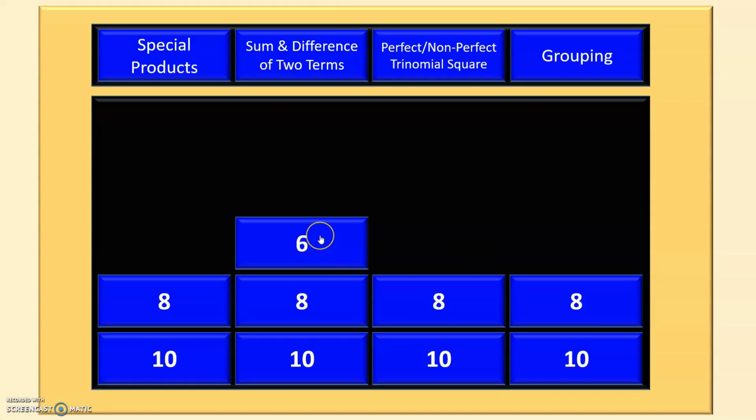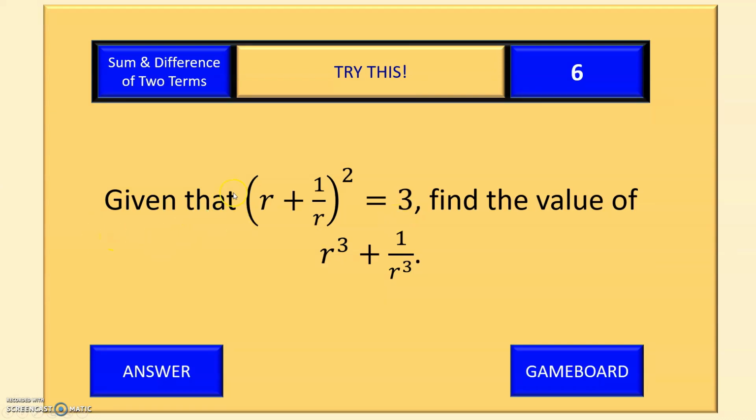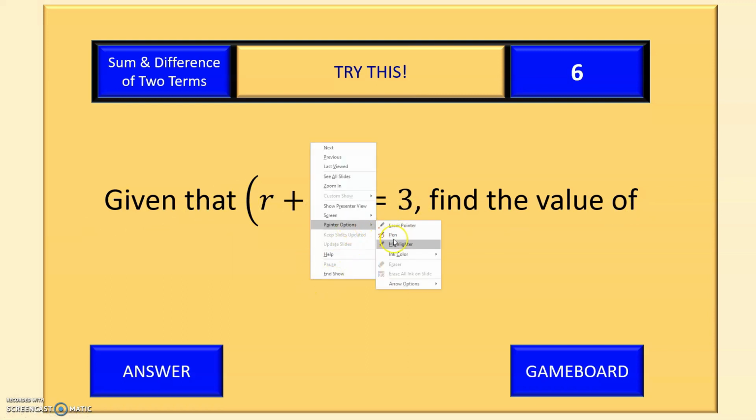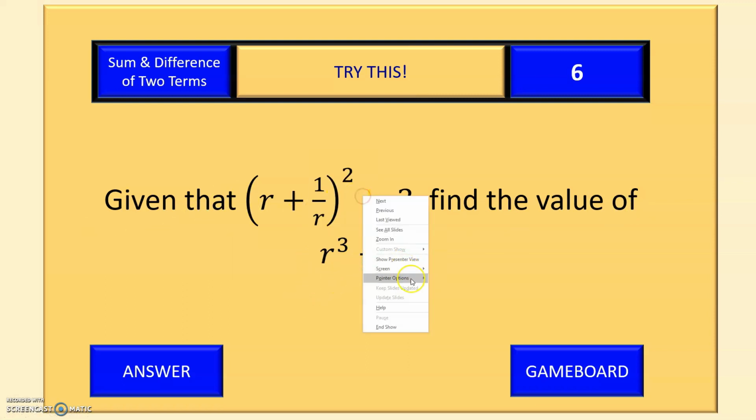Okay, so let's have sum and difference of 2 terms for 6 points. Question. Given that r plus 1 over r to be squared equals 3, find the value of r cubed plus 1 over r cubed. So, since the given is sum of 2 cubes, you can rewrite this as product of binomial and trinomial.